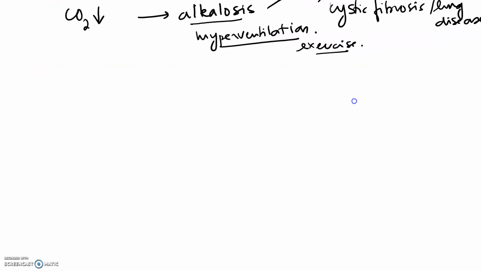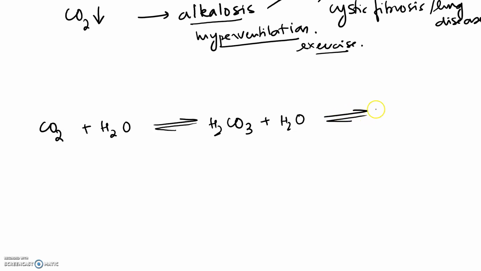Now, there's another kind of acidosis and alkalosis we want to talk about. I'm going to write this equation again: carbon dioxide plus water gives you H2CO3 plus H2O, and that gives you HCO3 minus plus H3O plus.